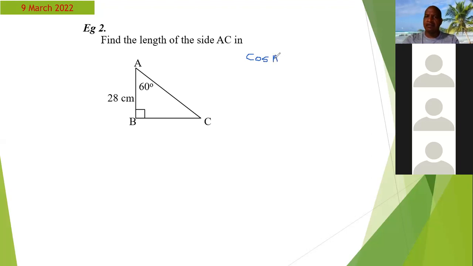All right, so the cos of angle A. Yes, sir. And that is equal to? 60 degrees. No, what's the ratio? Adjacent over hypotenuse. All right, give me in terms of the letters. AB over AC.